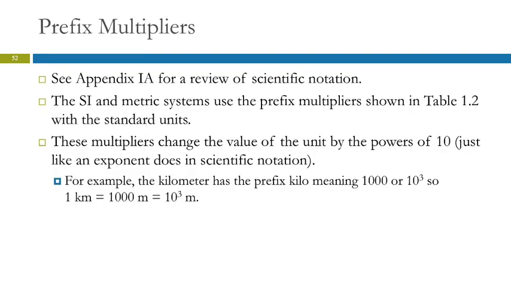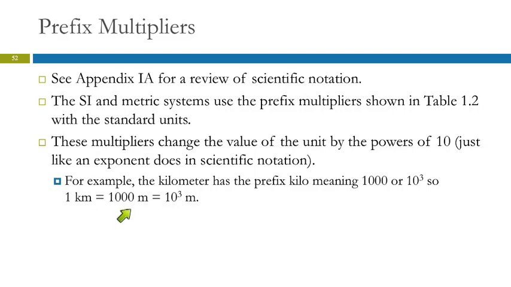So the multipliers change the value of the unit, just like the exponent does in scientific notation. So if we look at the kilometer, the prefix kilo means 1,000 or 10 to the third. So 1 kilometer is 1,000 meters.